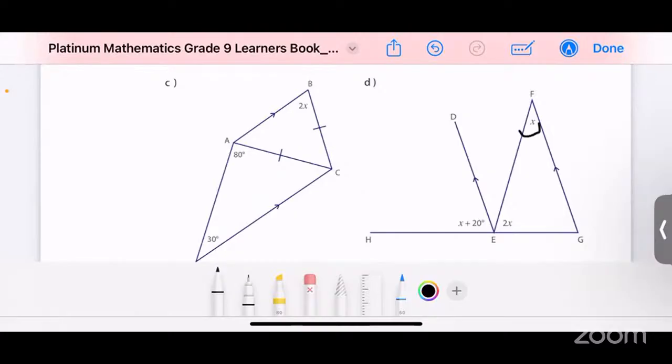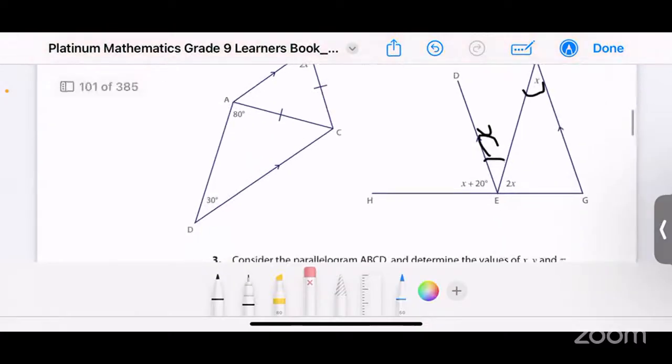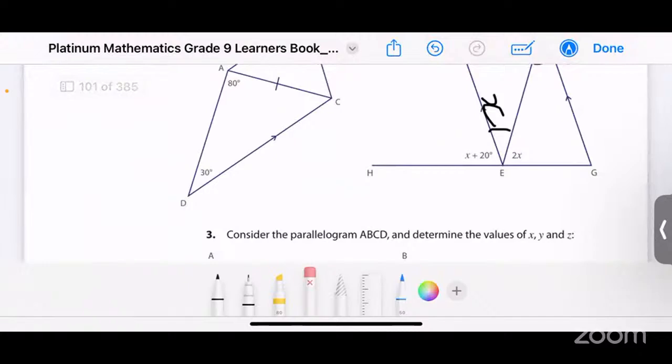Here, it's X. It means also here it's X. Already here we said alternate angles, X, X. Condition, straight angles add up to what? 180 degrees, ne?